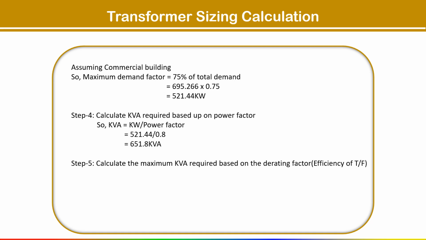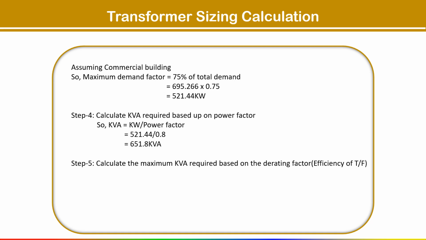Derating is important to ensure transformer reliability and longevity when exposed to factors such as high ambient temperatures, altitude, or non-sinusoidal load currents, etc. Common derating factors include temperature derating factor, altitude derating factor, harmonic derating factor, and load derating factor.